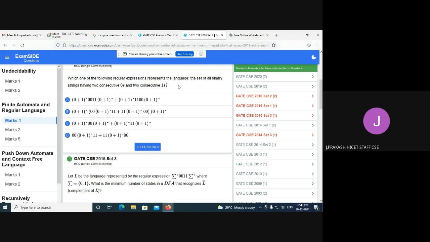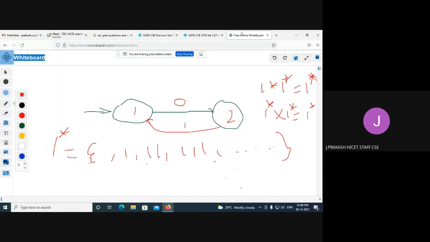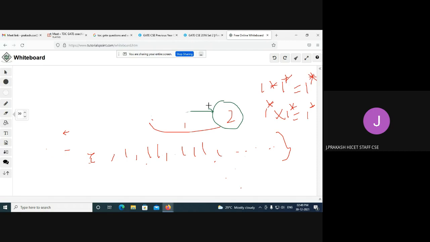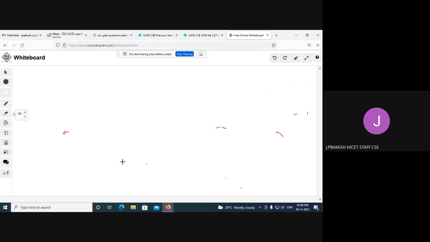Consecutive means next to each other: 0, 0.